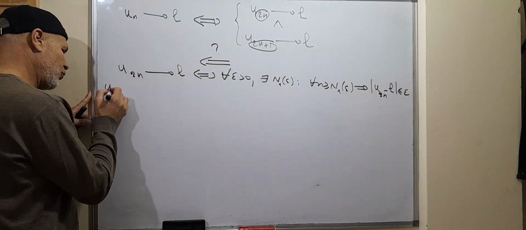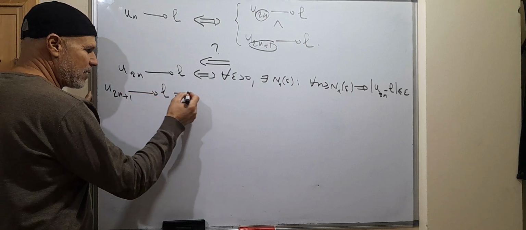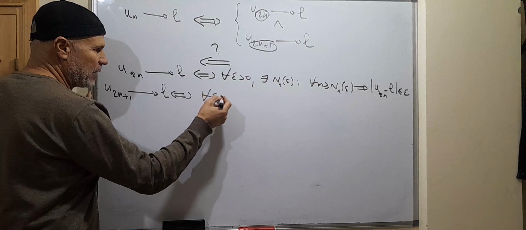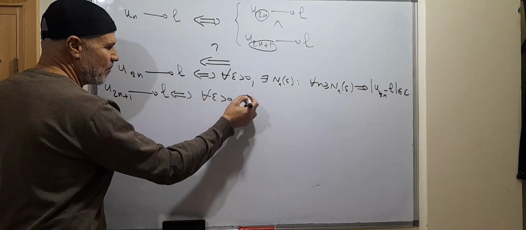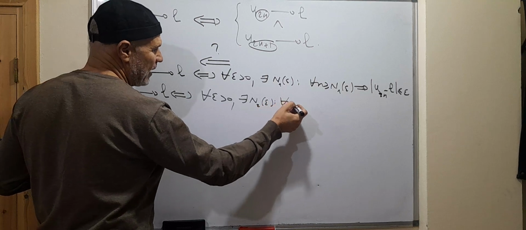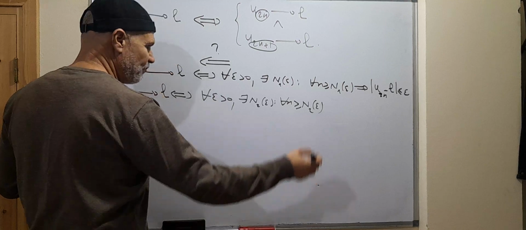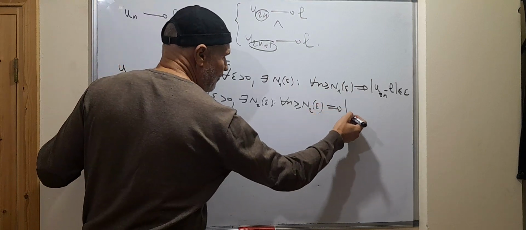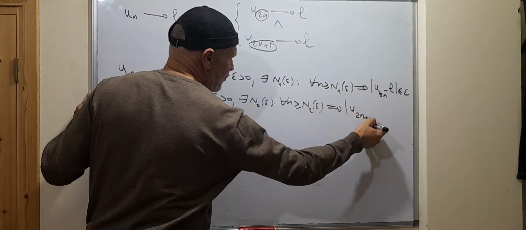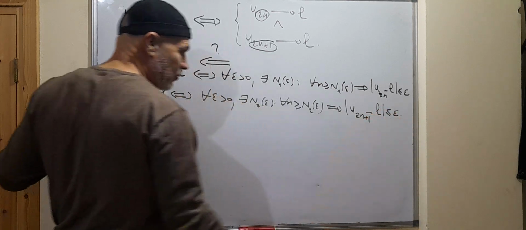And u_2n+1 converges towards L. This is equivalent to say for all epsilon greater than 0, there exists a rank n2(epsilon) such that for all n greater than or equal to n2(epsilon), the difference between u_2n+1 and L is less than or equal to epsilon.